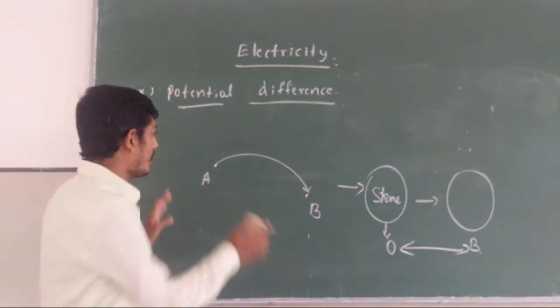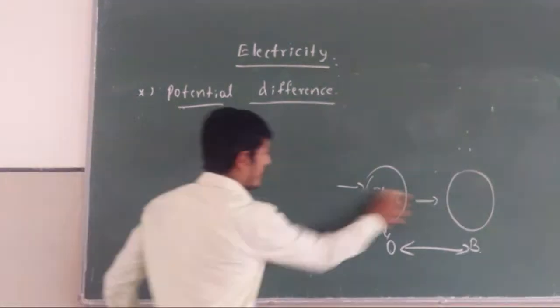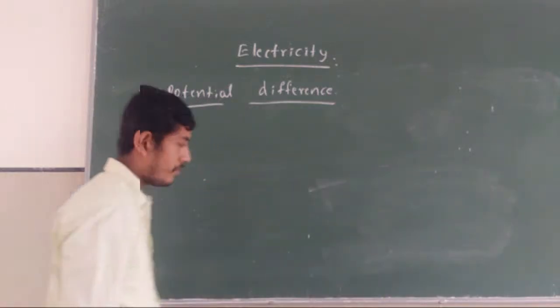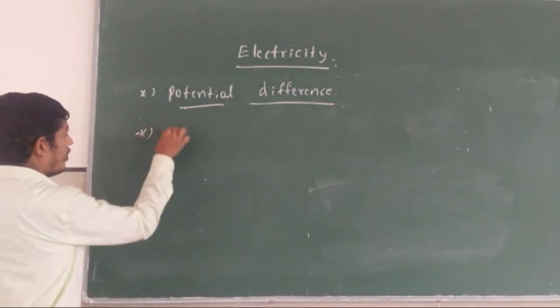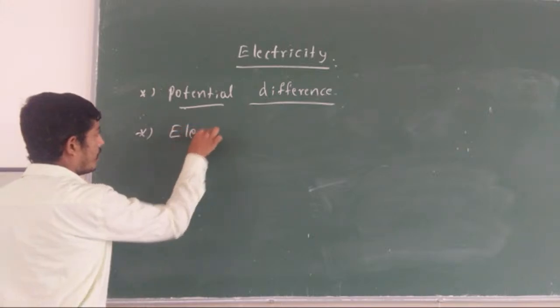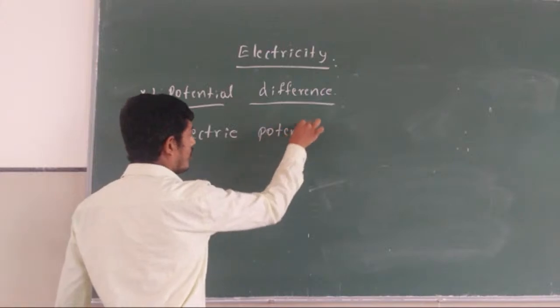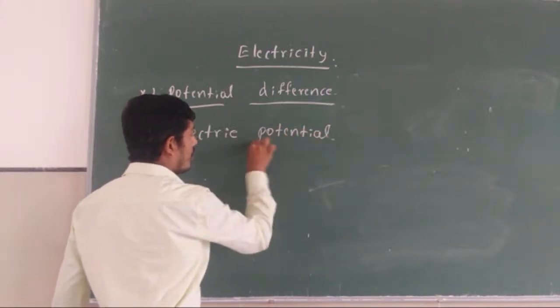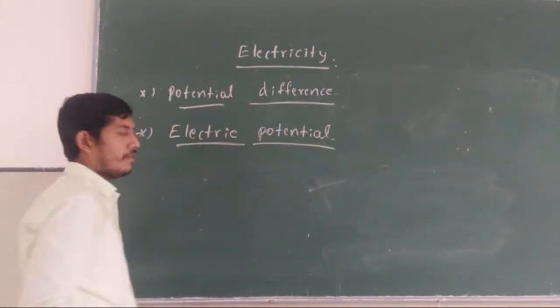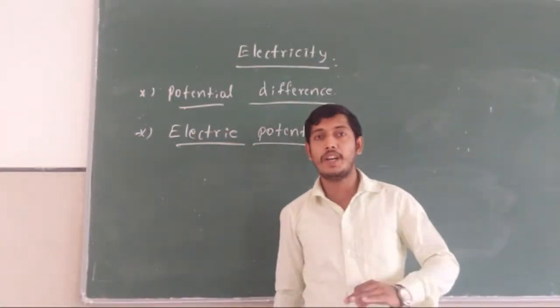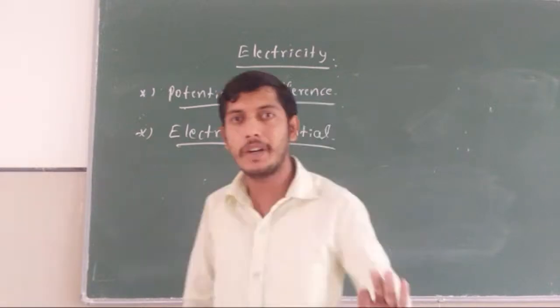Then after that we have another term, that is electric potential. In this case, it is the work done to move a unit charge from infinity to a particular point.